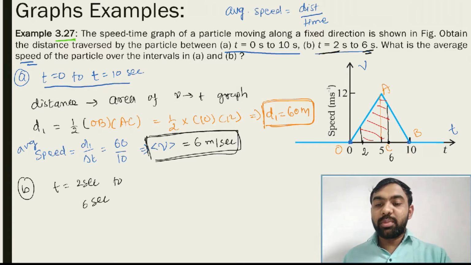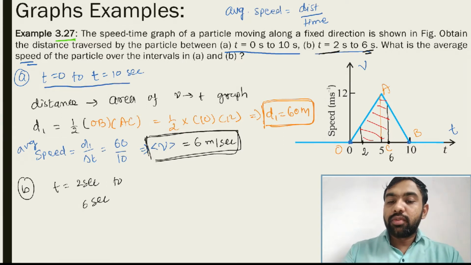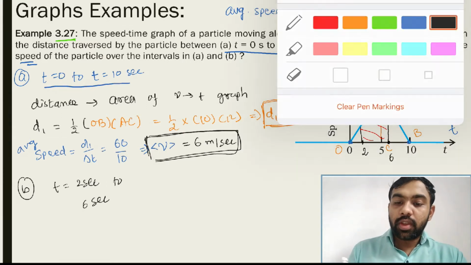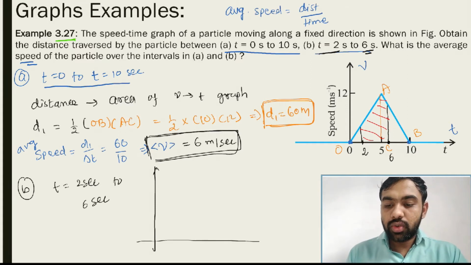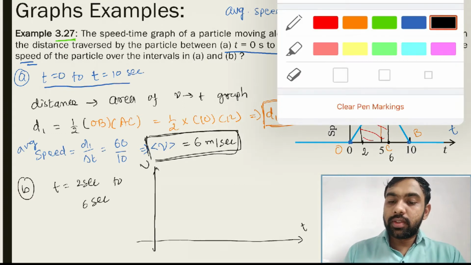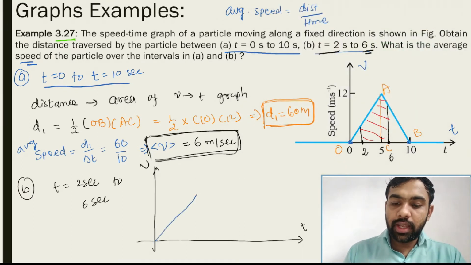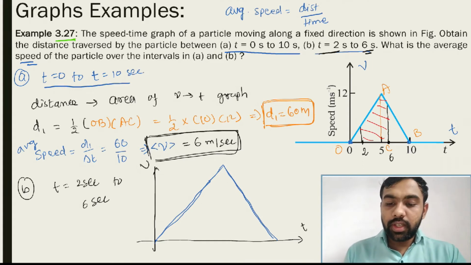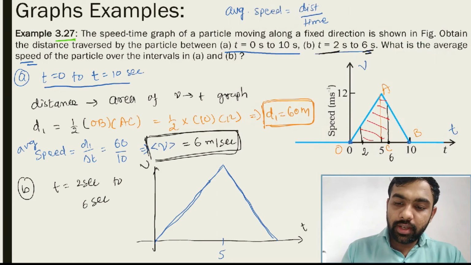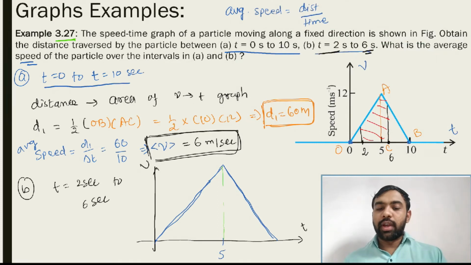Very simple. You just draw the figure again for more understanding. I am drawing the figure again to get this area, V versus T, and this graph is given to us like this. The peak is exactly at the center, at 5.